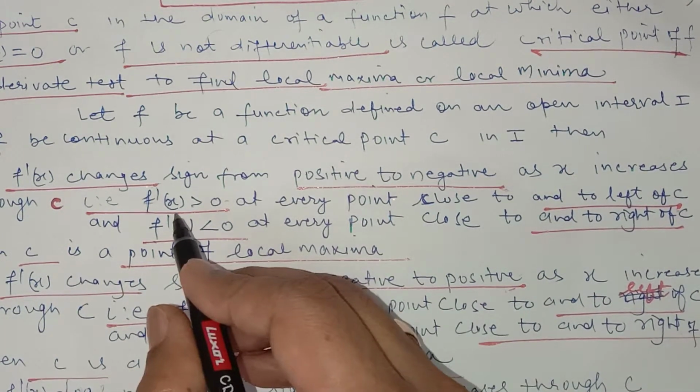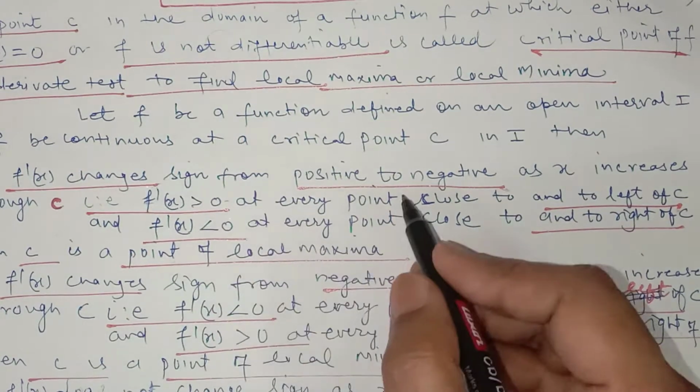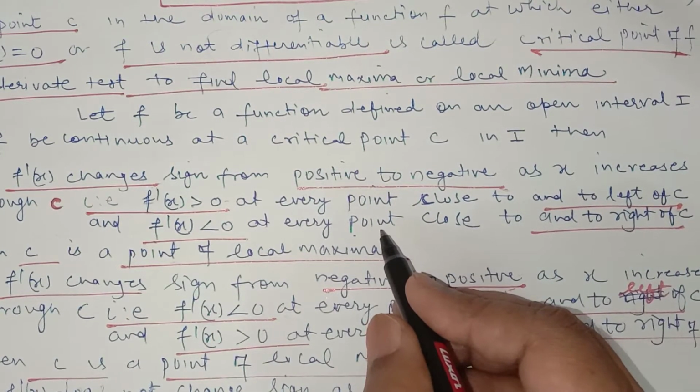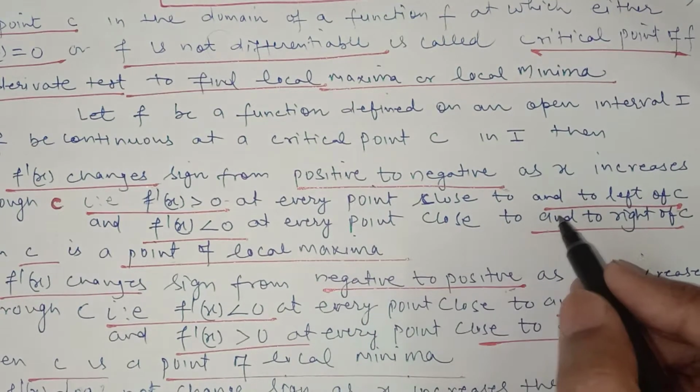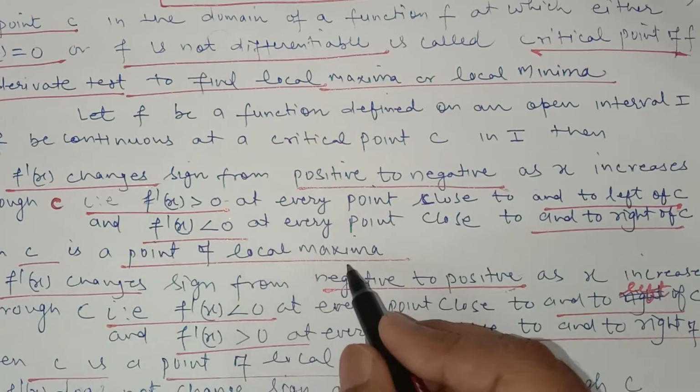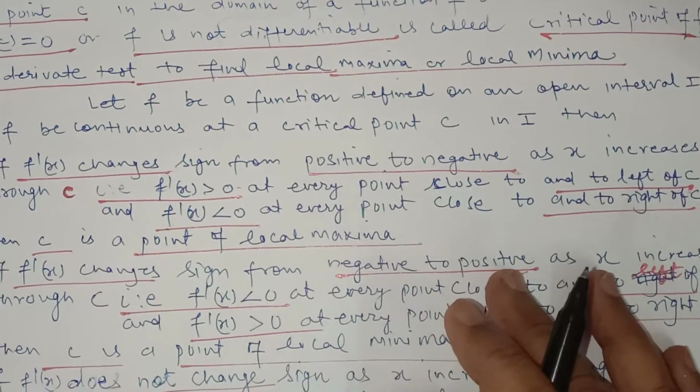That is, if the sign of the first derivative changes from positive to negative as we change the value of x from the left of C to the right of C, then C is called the local maxima.